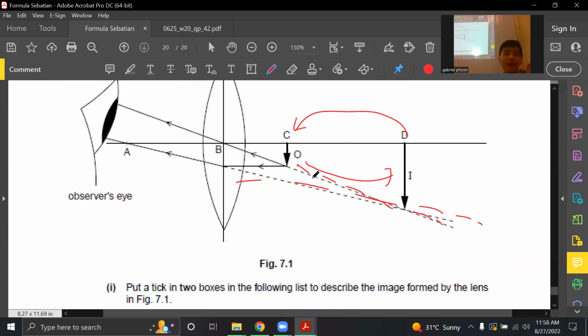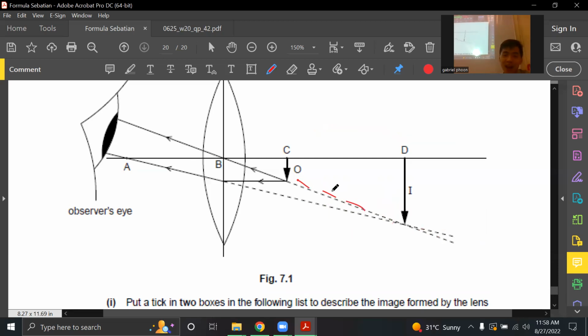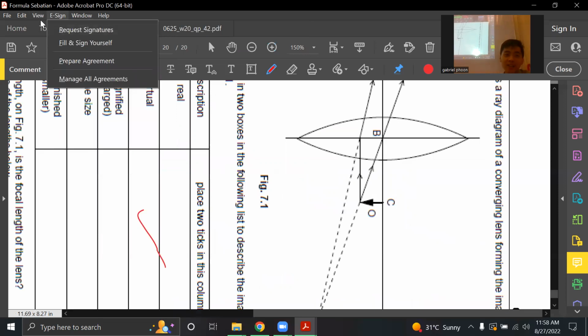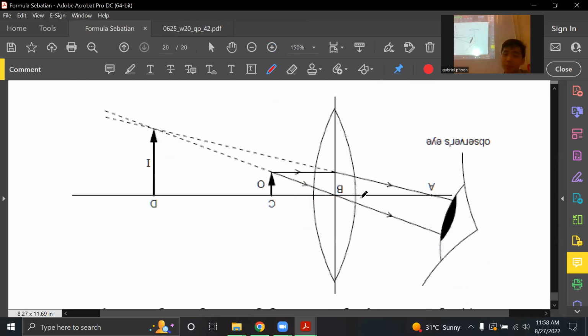Hello. It's an object to image. This is essentially a magnifying glass. You know why they purposely put this like this? Because I think at some point, most of the students would have remembered a virtual image of this, right? But if you flip this thing exactly 180 degrees, this looks a little bit more familiar, doesn't it?